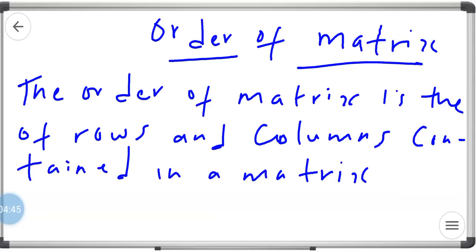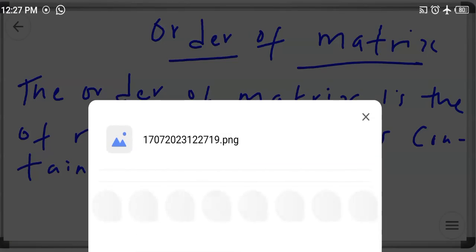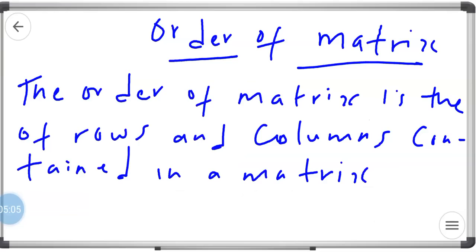So we said the order of a matrix is the rows. It should be the number of rows. So here let me just change it to write number.